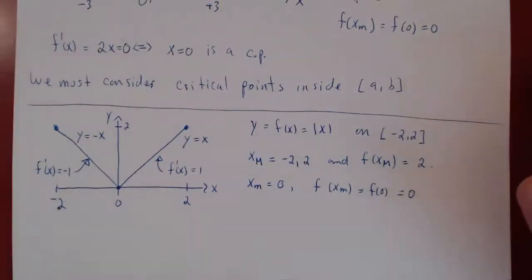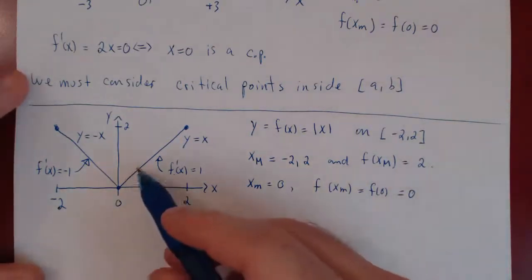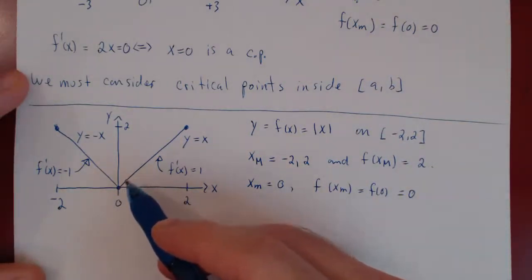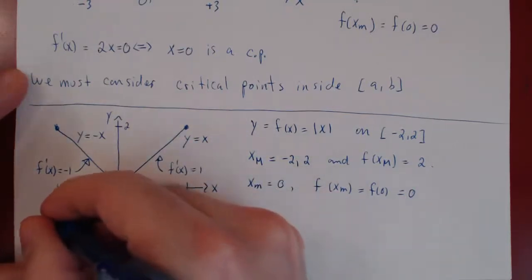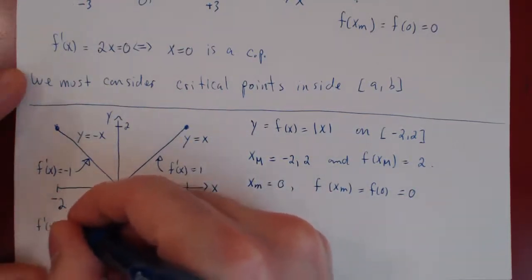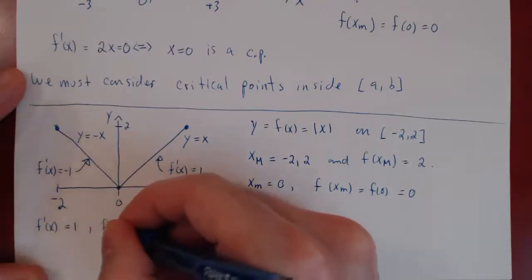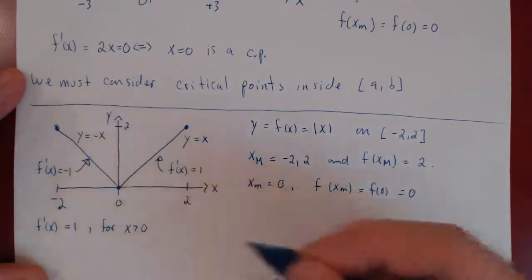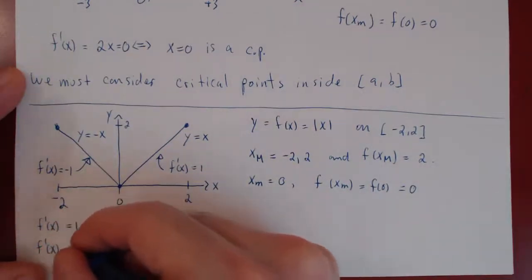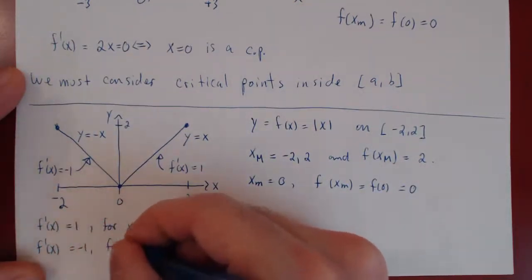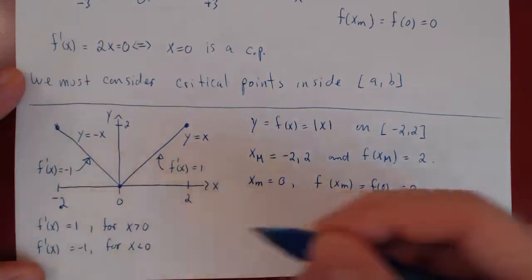And you see that this causes a bit of a problem. The derivative to the right of 0 is always equal to 1. So f prime of x is equal to 1 for any positive value of x. But f prime of x, the derivative, is -1 for any negative values of x.